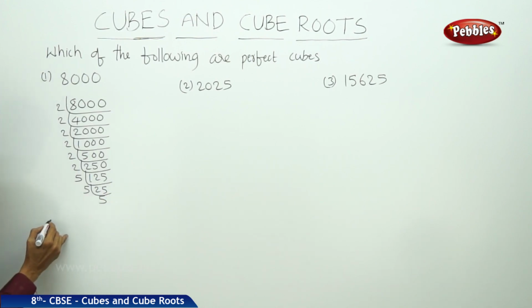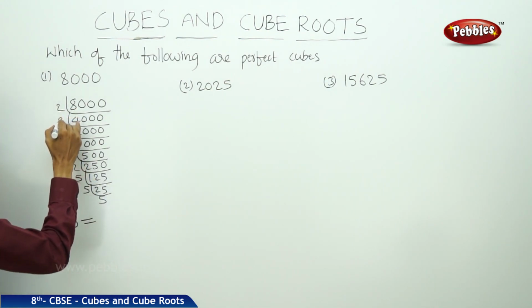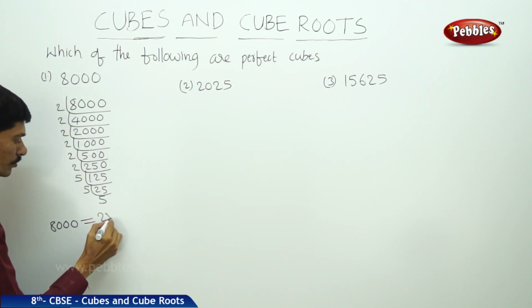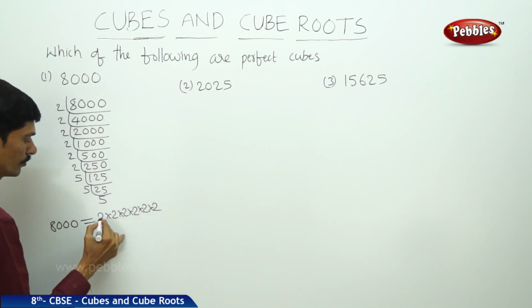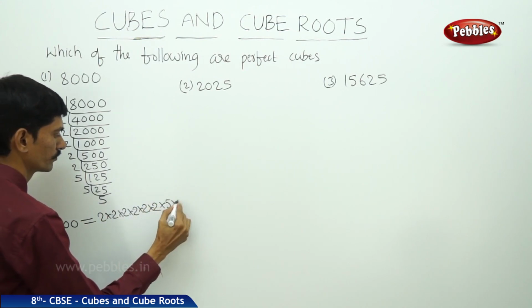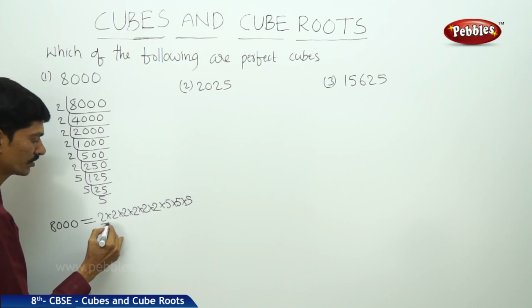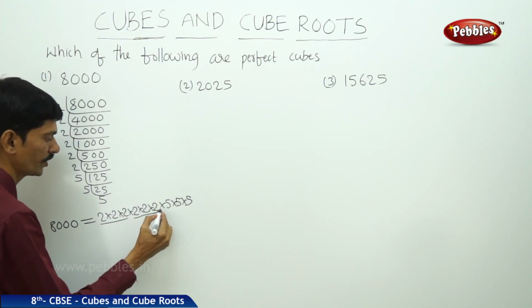Now if you factorize 8000, the prime factors are 2 into 2 into 2 into 2 into 2 into 2, that is six 2s, into 5 into 5 into 5. Let us check whether each prime factor appears 3 times or not.